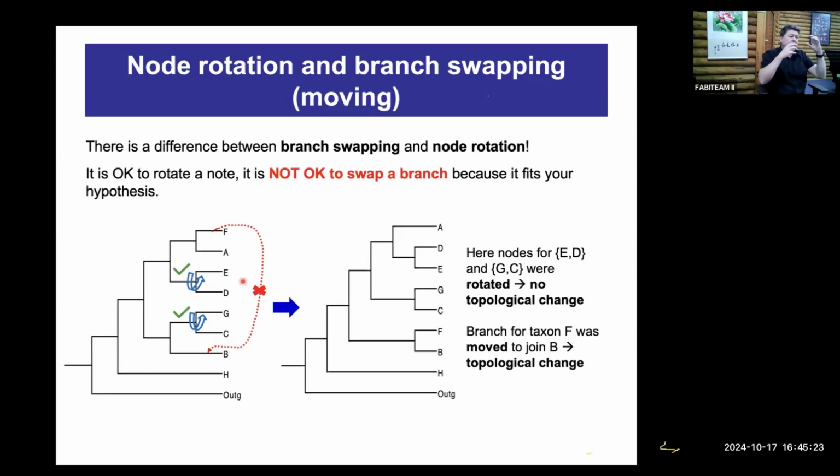Or if you conduct a study where you want to compare the phylogeny of a host species with the phylogeny of parasites or pathogens, you can rotate the nodes of the one tree so that you can compare the two trees in a way that makes sense to you.